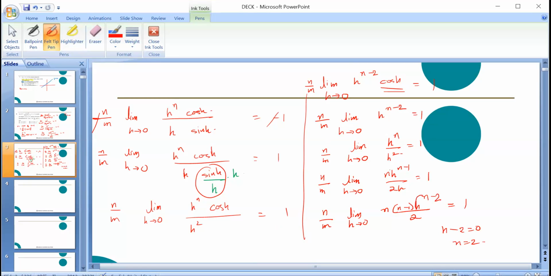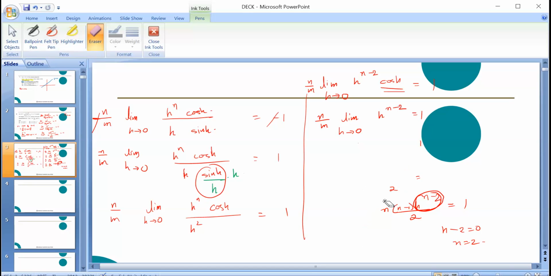To make this power 0, that you can do here itself. You need not do all this also. I have applied L'Hopital's rule. Without applying L'Hopital's rule also, if you want the answer for this limit as 1, the power must be 0. That means n minus 2 must be 0 or n must be equal to 2.